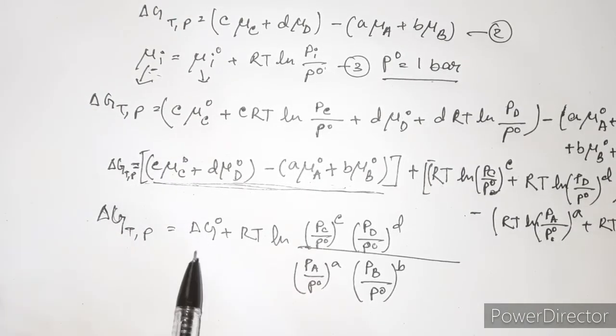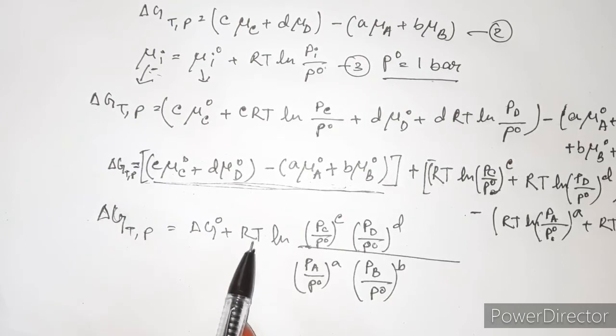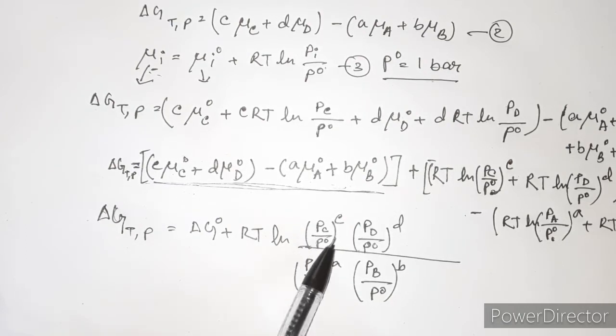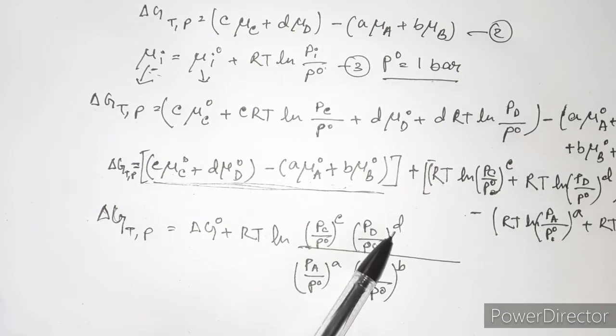You can write it down like del G T,P is equal to del G 0 plus RT ln of Pc by P0 to the power c, Pd by P0 to the power d, over Pa by P0 to the power a and Pb by P0 to the power b.